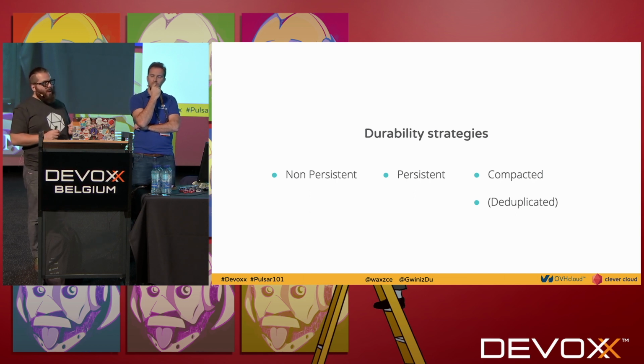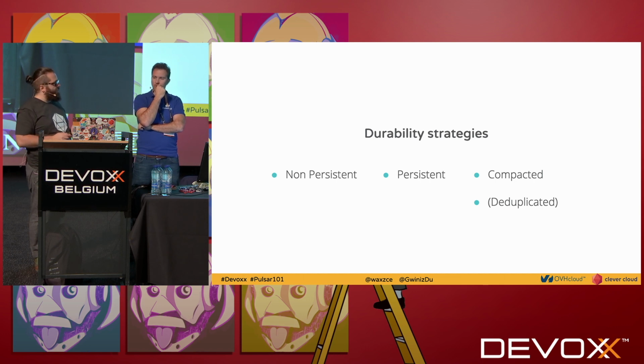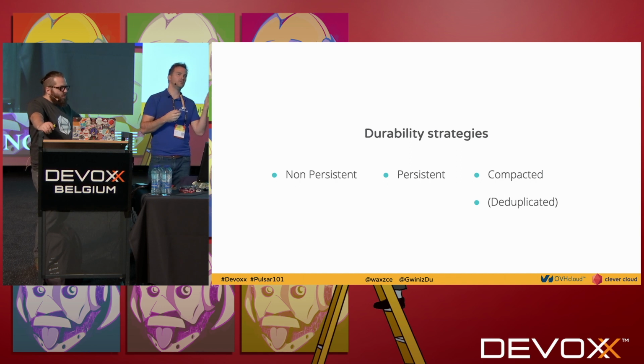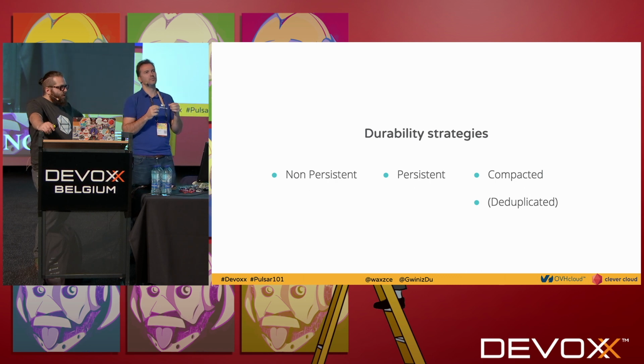The other part is a compacted topic. What is a compacted topic, Steven? A compacted topic is a topic where, when you push a message, you use a key. And at compaction time, Pulsar will only keep the last message per key. For example, we can imagine stocks. You are consuming all updates on stocks, for example Amazon, Google, not yet OVH actually, but Criteo, any.